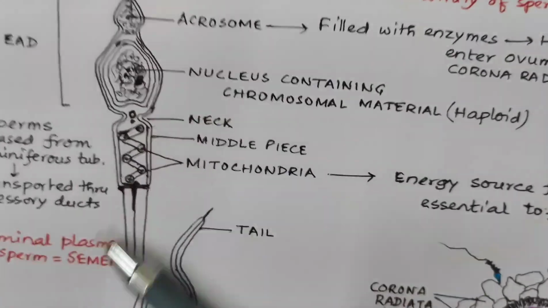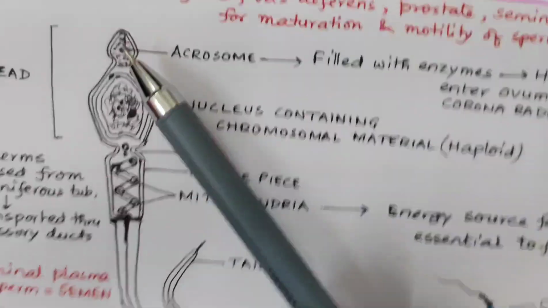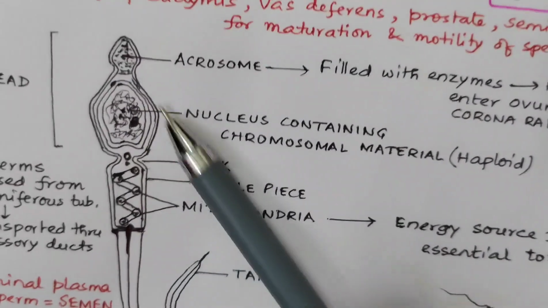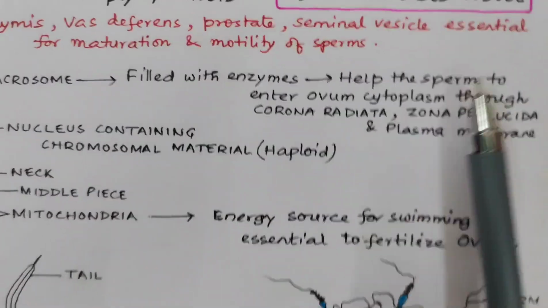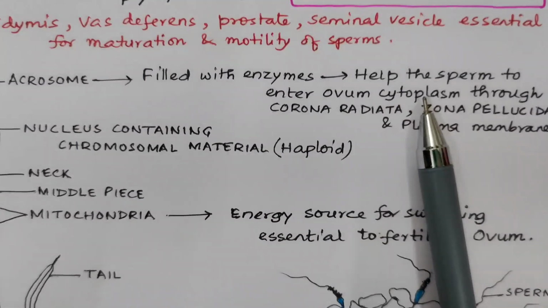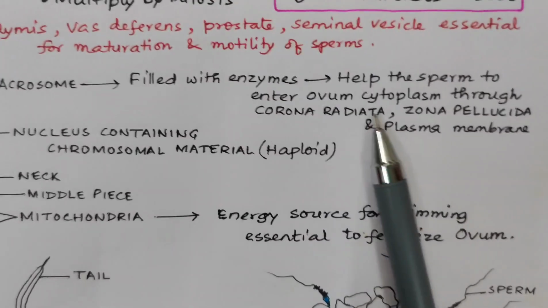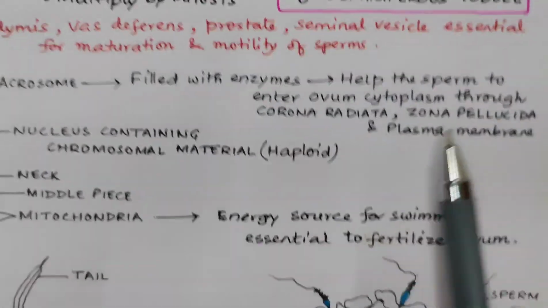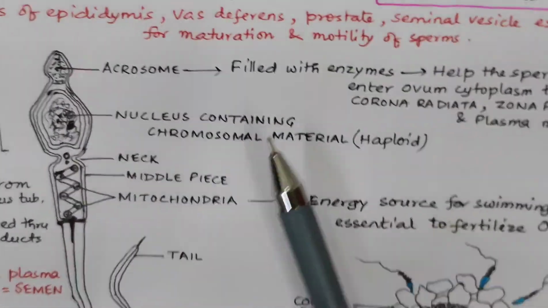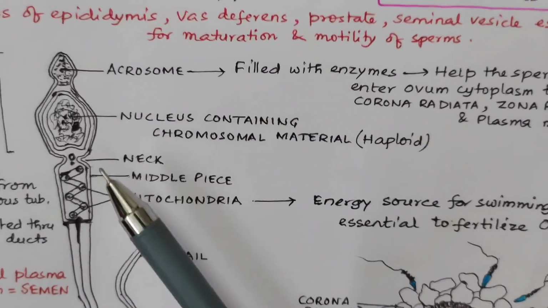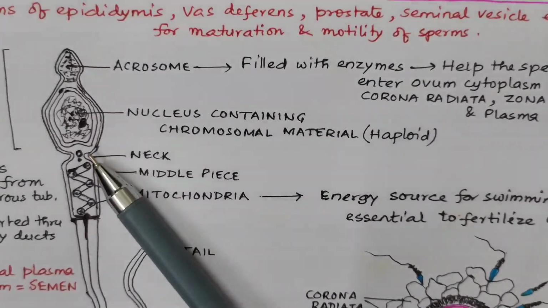This is the diagram of the sperm. This one is the head. It contains the acrosome. The acrosome is filled with enzymes that help the sperm to enter the ovum cytoplasm through the corona radiata, zona pellucida and plasma membrane. This is the nucleus containing chromosomal material which is haploid. This one is the neck.